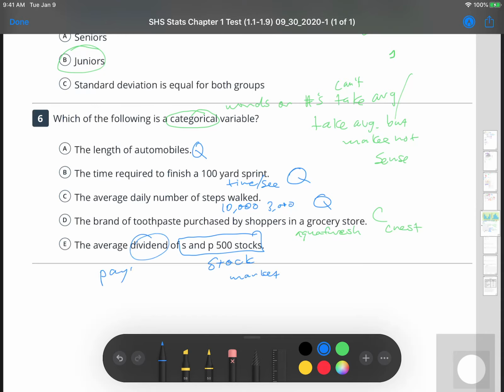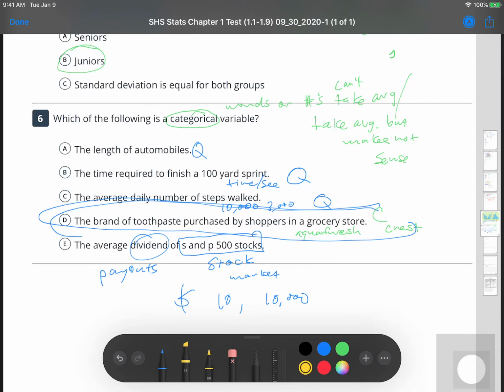And dividends are payouts. Okay? So payouts are money. So you're going to get $10 or $10,000. So the answer that is categorical, just use that there. It's this one. That would be categorical is the brand of toothpaste purchased.